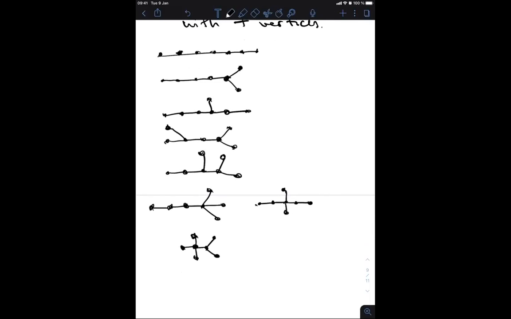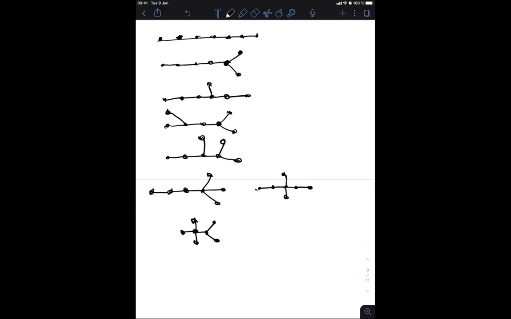And if we have a degree 5, finally, 1, 2, 3, 4, 5, then we have 6 vertices already involved, and we can just glue one additional guy here. And this is all it can be with degree 5.